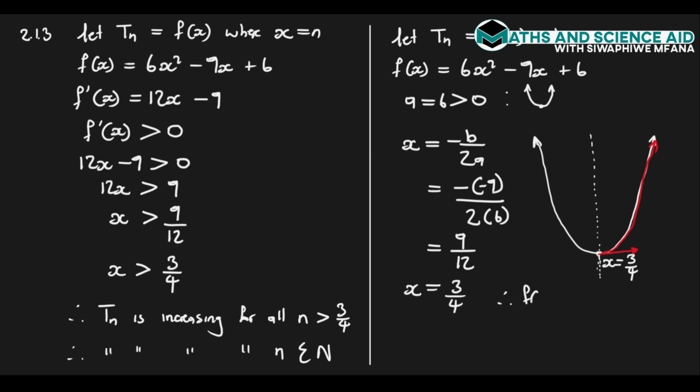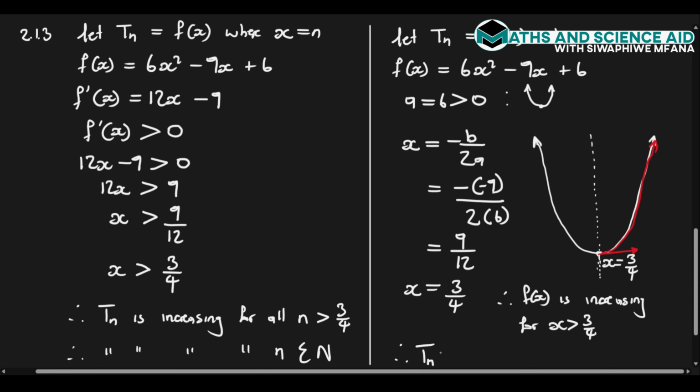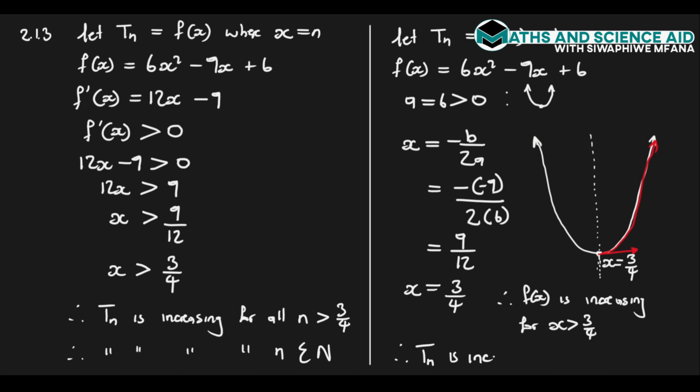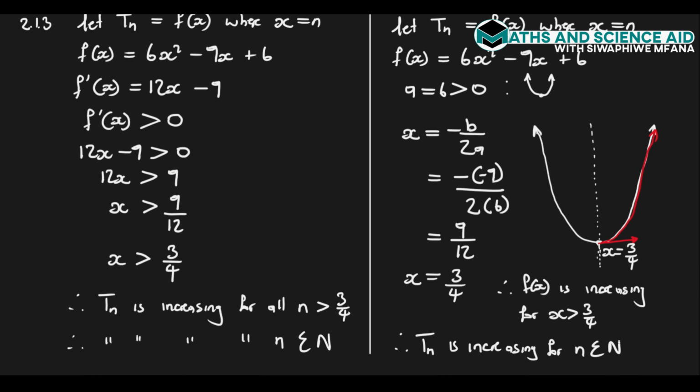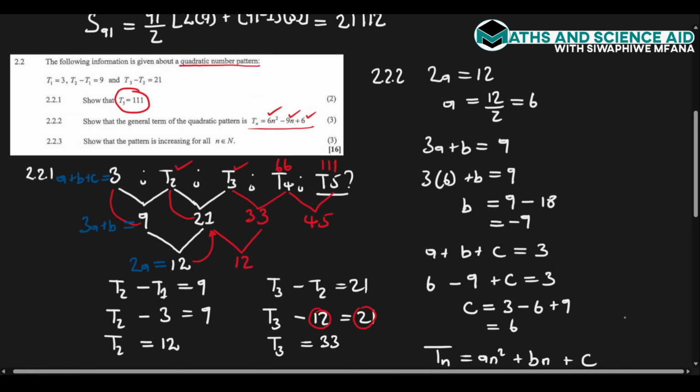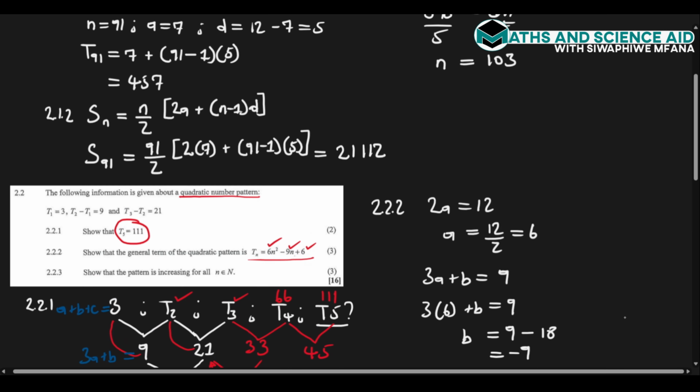Therefore, f of x is increasing for values of x that are greater than 3 over 4. And therefore, we can conclude that our quadratic sequence Tn is increasing for n is an element of integers, which brings us to the end of this video.